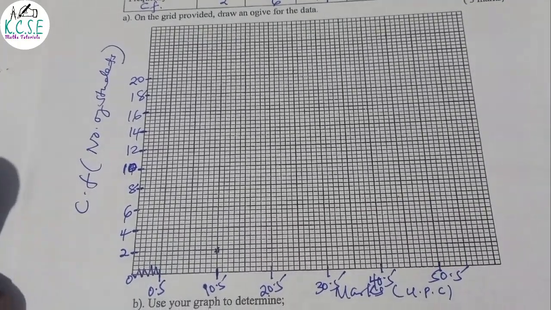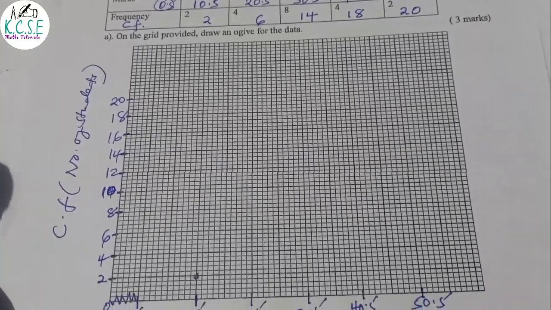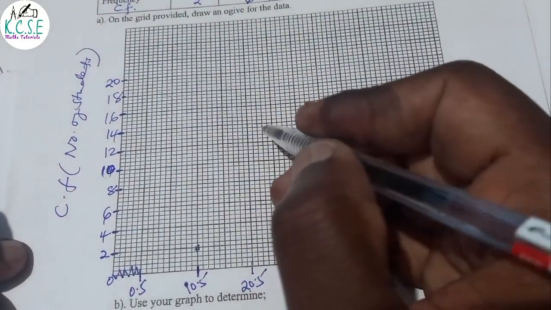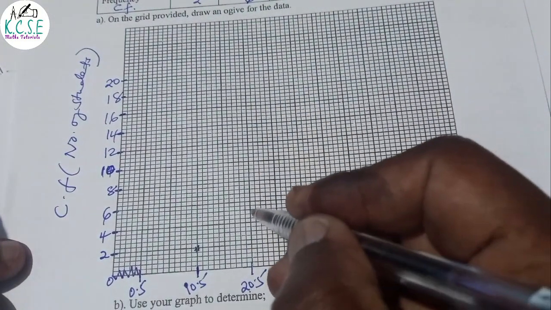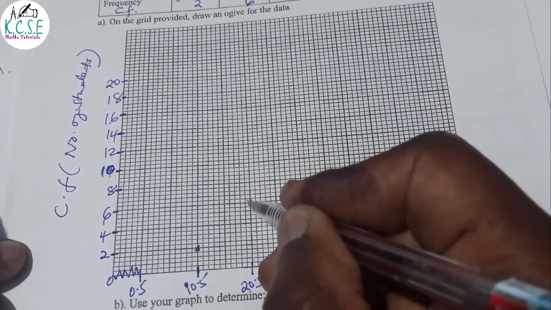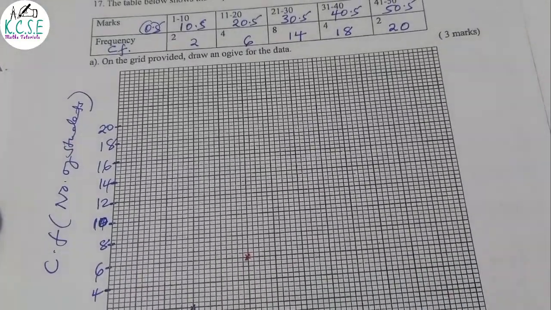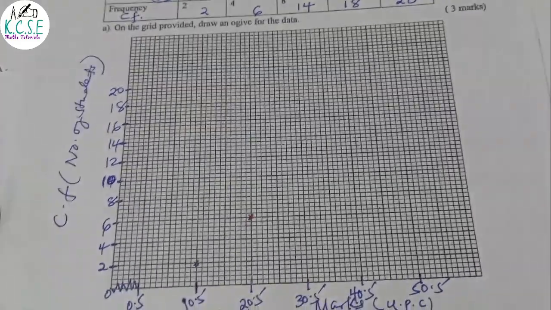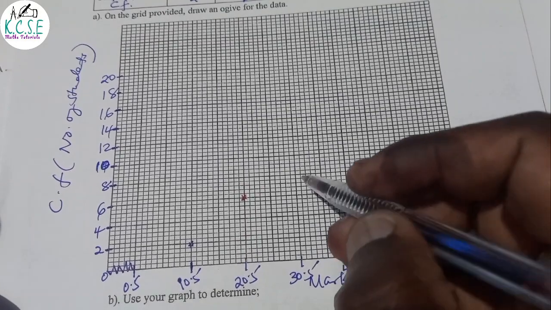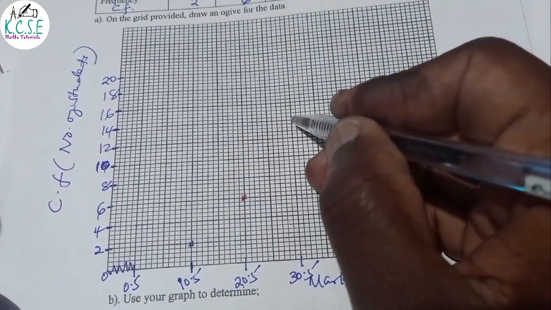Then 20.5, 6. So 20.5, 6 will be here. Then the next one is 30.5, 14. So 30.5, 14 will be here.